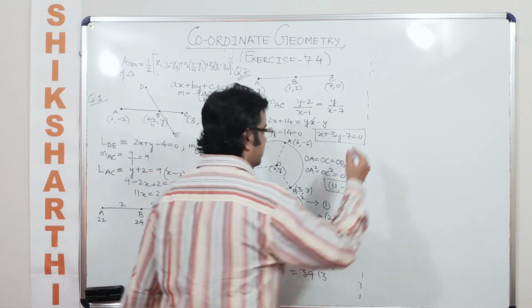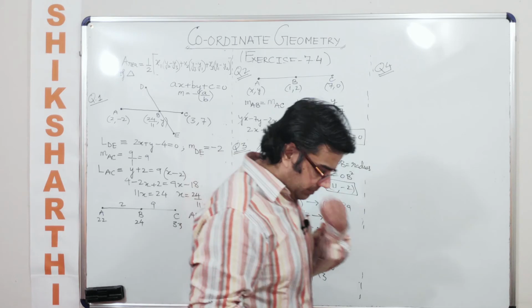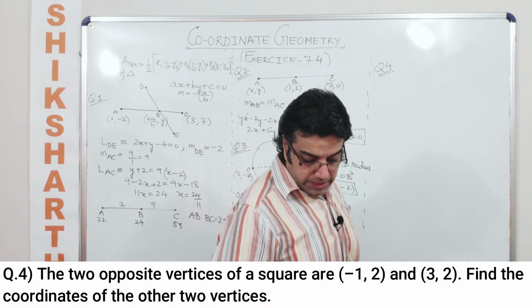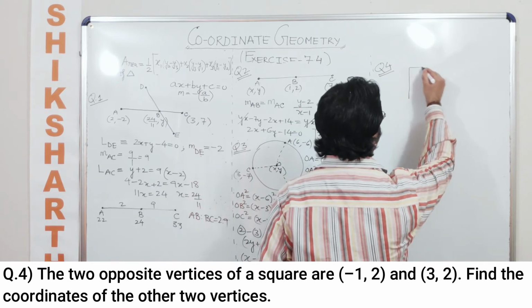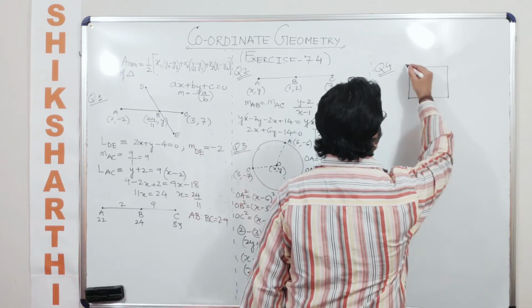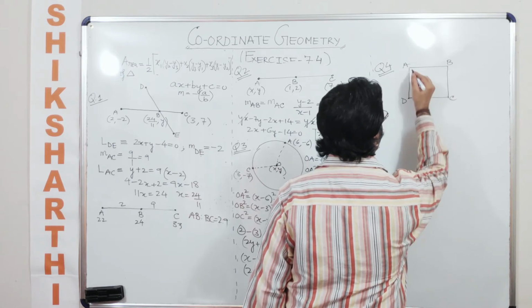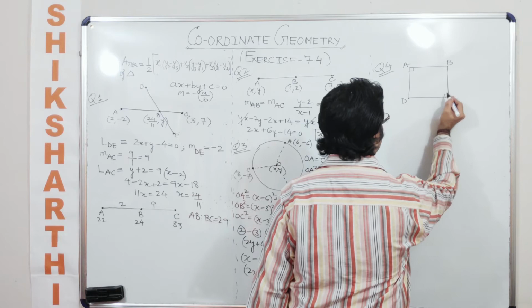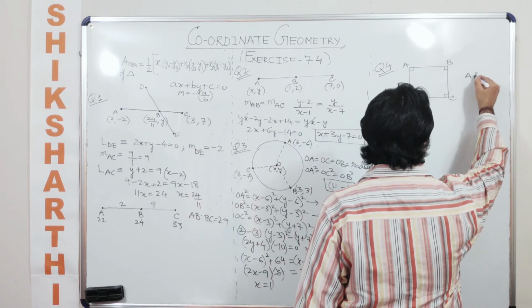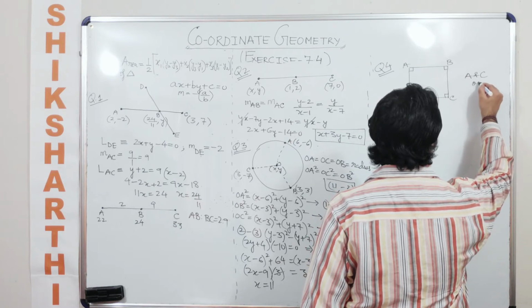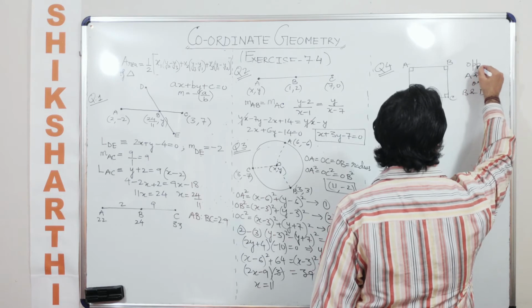Okay, moving on to the next question, which is question number 4. So question number 4 says, two opposite vertices of a square are given to you. Let me consider the square as, let's say, A, B, C, D. And here they do not say which vertex is which, so when we are talking about opposite vertices, the opposite vertices would be either A and C or B and D. These are opposite vertices.